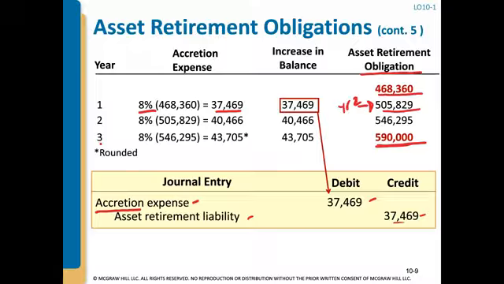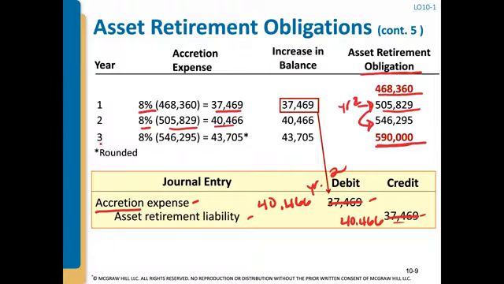So at the end of year 2, we're going to take that $505,000, which is our beginning book value, times the interest rate, which is about $40,000. If we were doing this for year 2, we would debit accretion expense 40,466 and credit the asset retirement liability 40,466, and we're going to add that to our balance.